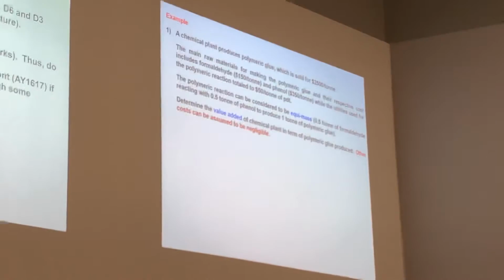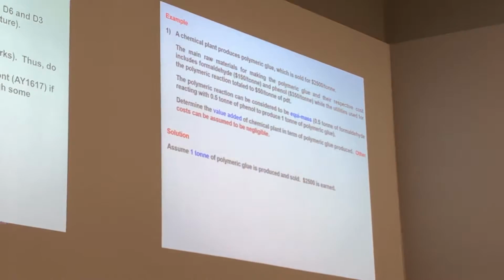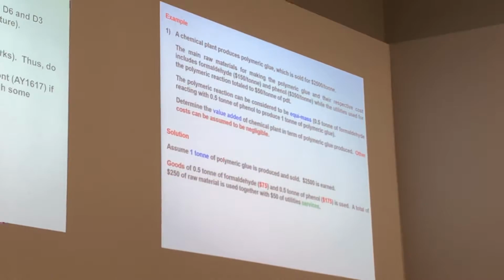So if you use the value-added formula just now, what is your sale? Assuming one ton of glue is produced, you will make 2005. What is the cost of raw material? You will use Equimass, am I right?